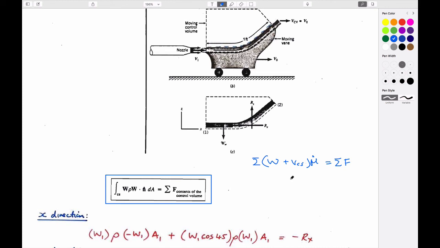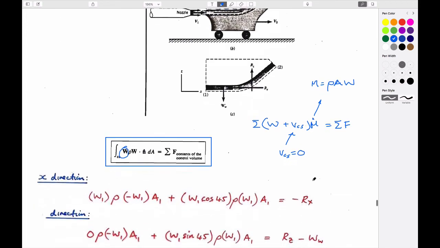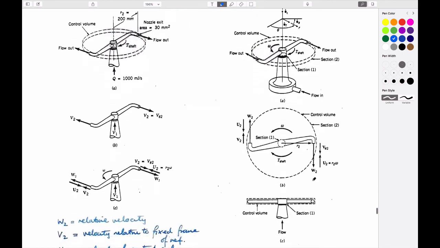If the velocity of the control surface is equal to 0, then this clearly decomposes to this, where this mass flow rate is always given by a density, an area, and the velocity relative to the control surface. And so in the case where this control surface velocity equals 0, then this expression is exactly this, because it reduces to this.